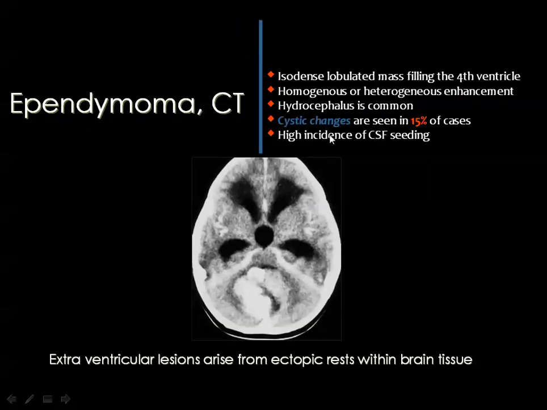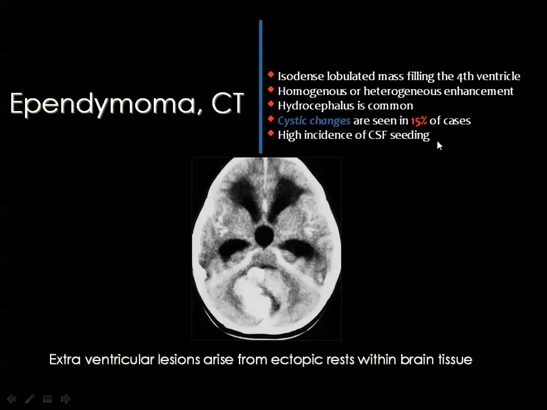This lesion will appear isodense to the brain parenchyma, filling the fourth ventricle. If you inject contrast media, the tumor will show either homogeneous or heterogeneous enhancement. Being inside the fourth ventricle and obstructing the CSF flow through the ventricle, you will get hydrocephalus in the supratentorial ventricles, with dilated lateral and third ventricles, which is a very common finding with ependymoma.